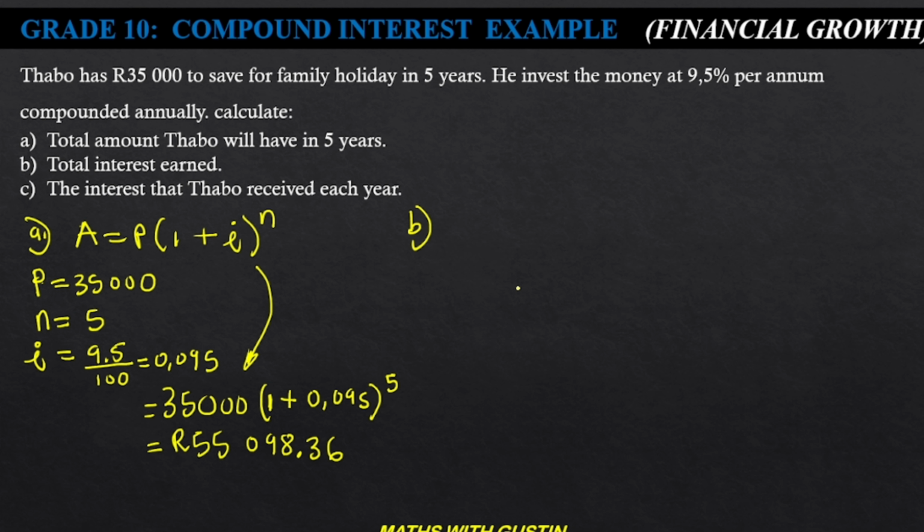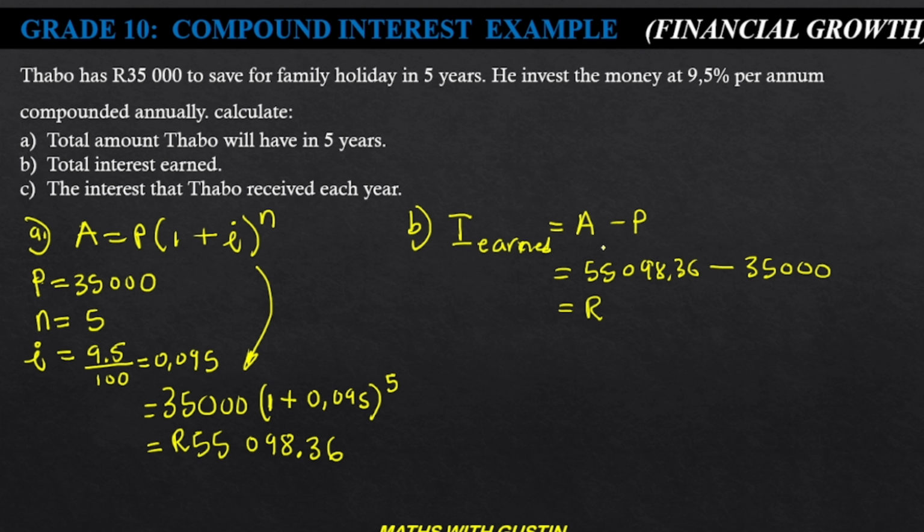And then B says calculate the total interest earned. Like we did with simple interest in the video before this one, the interest earned is going to be equal to the final amount minus the principal amount. The final amount here is 55,098.36, minus 35,000, which is the starting amount.